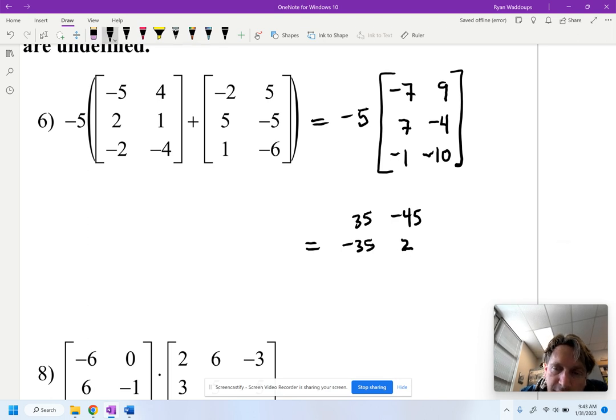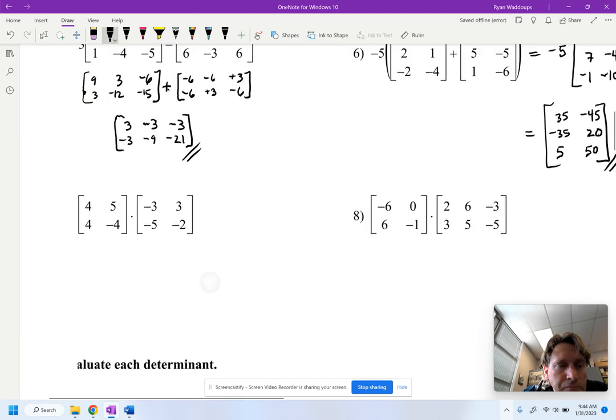And then negative 5 times a negative 1 would be positive 5. And negative 5 times negative 10 would be positive 50. And that matrix is our final version of this operation.